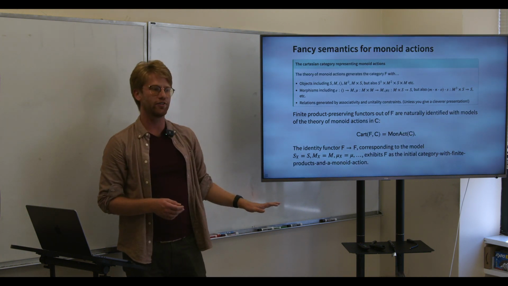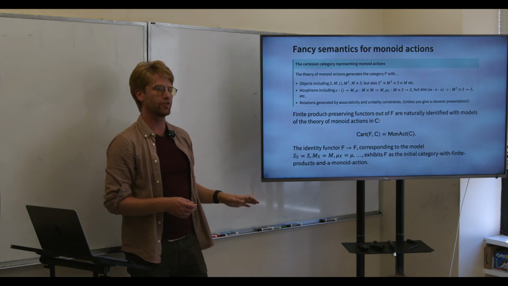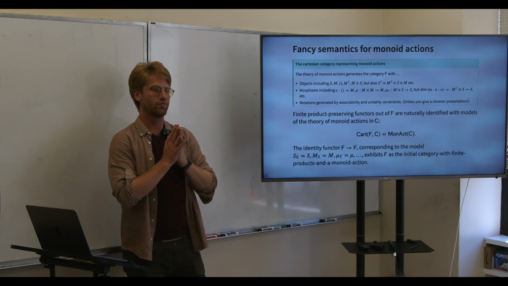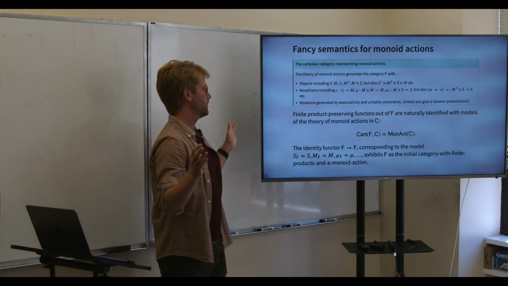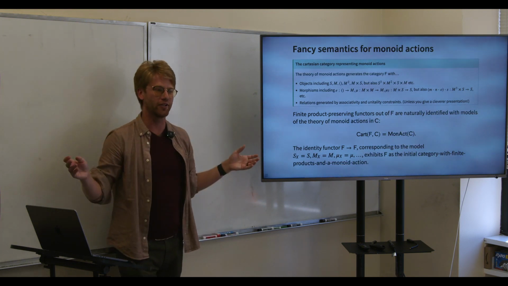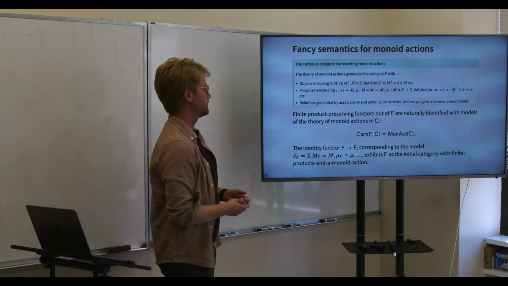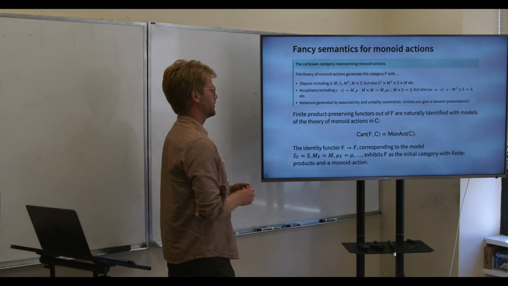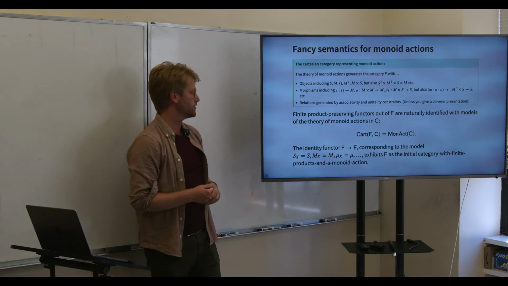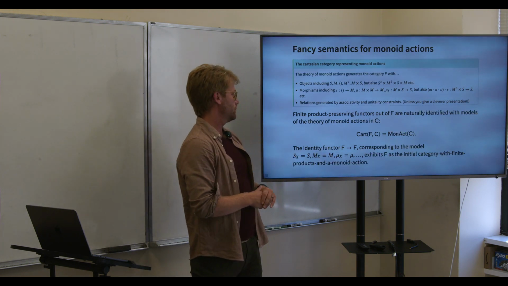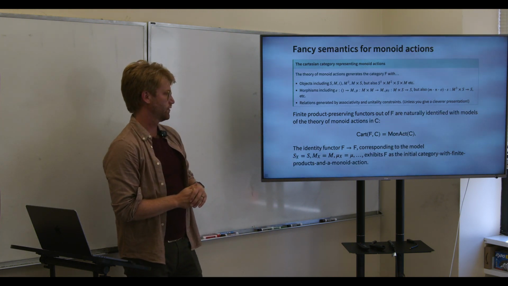The upshot of all this is you can define models of algebraic theories as functors of finite product categories. And that's something that we know what that is and doesn't depend on syntax. And so it gives us a much clearer description, at least for the categorically minded, of what a model is than the more syntactic version.